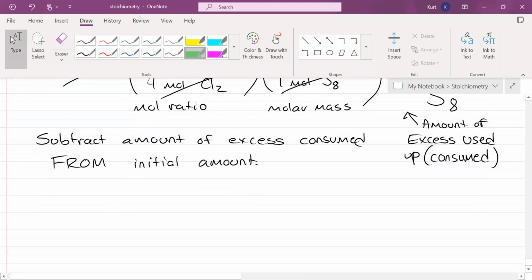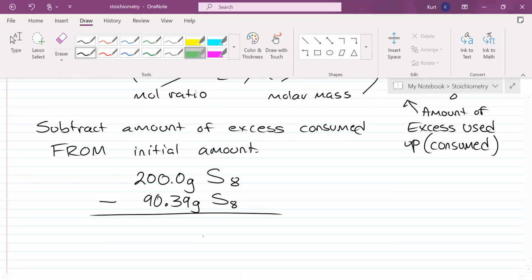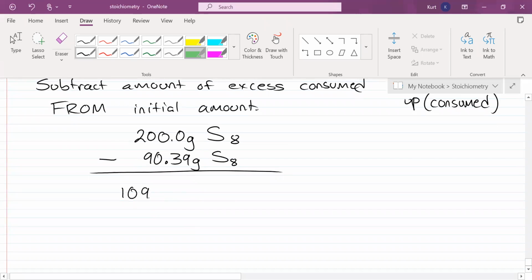So Kevin says we started with 200 grams of S8. We consumed 90.39 grams of S8. We have 109.6 grams of S8 remaining.